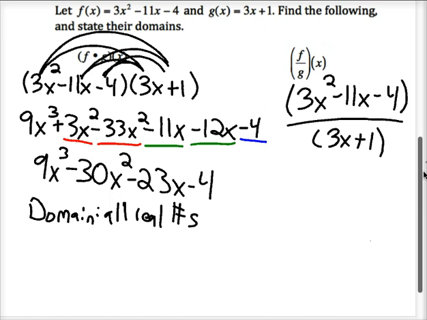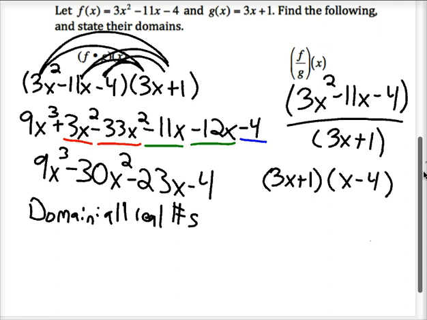And again, with division, if you remember from Expo, the biggest thing is factoring. So the top actually does factor. You get 3x plus 1, and you get x minus 4.